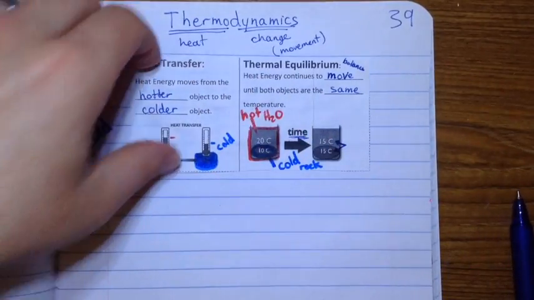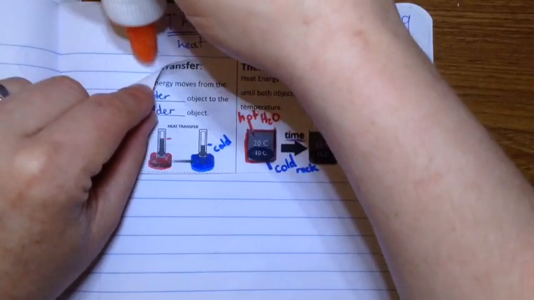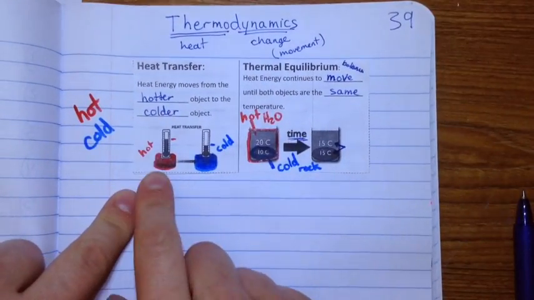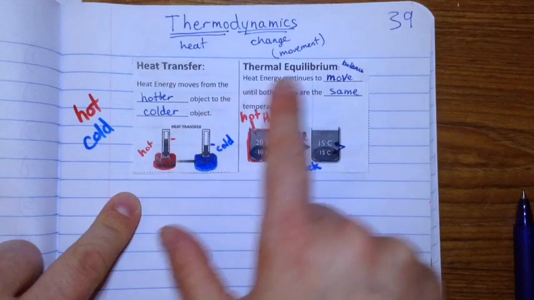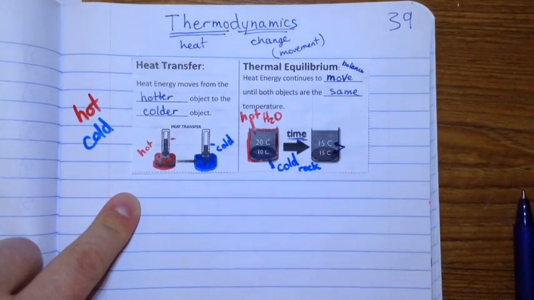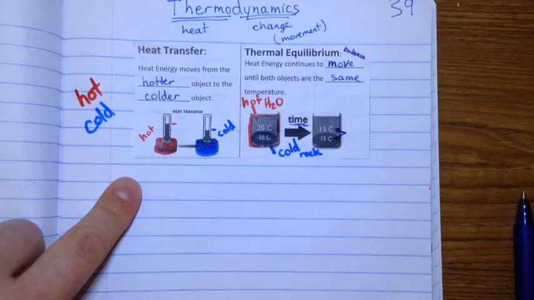Alright, so if we can achieve this thermal equilibrium, we have heat transfer, heat energy moves, and then we achieve thermal equilibrium where we have a balance in the thermal energy between objects.